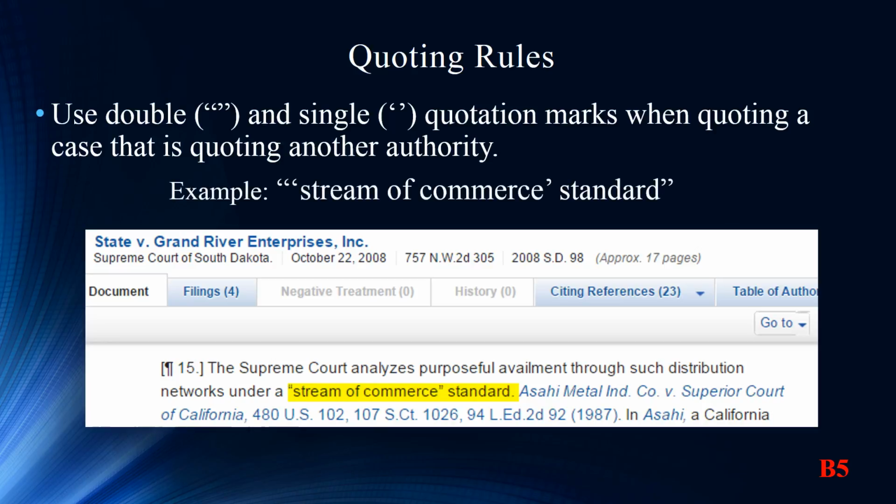Grand River, is quoting language from the United States Supreme Court decision in Asahi. The quoted language is 'stream of commerce.' To accurately quote the South Dakota case, use double quotations around all the language you want to quote, and then use single quotations around the internal Asahi quotation.